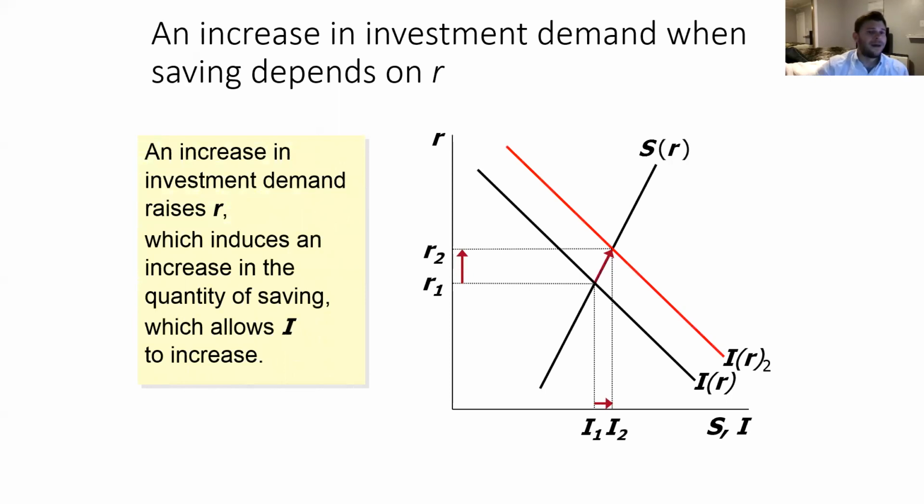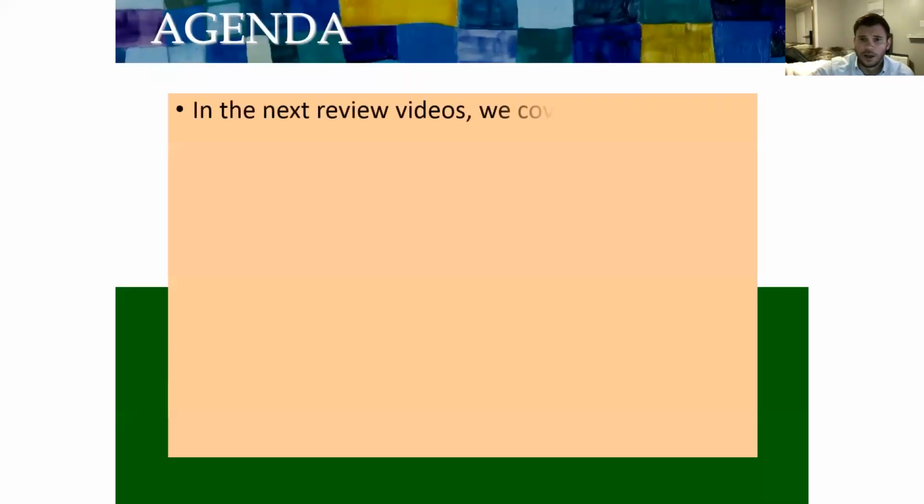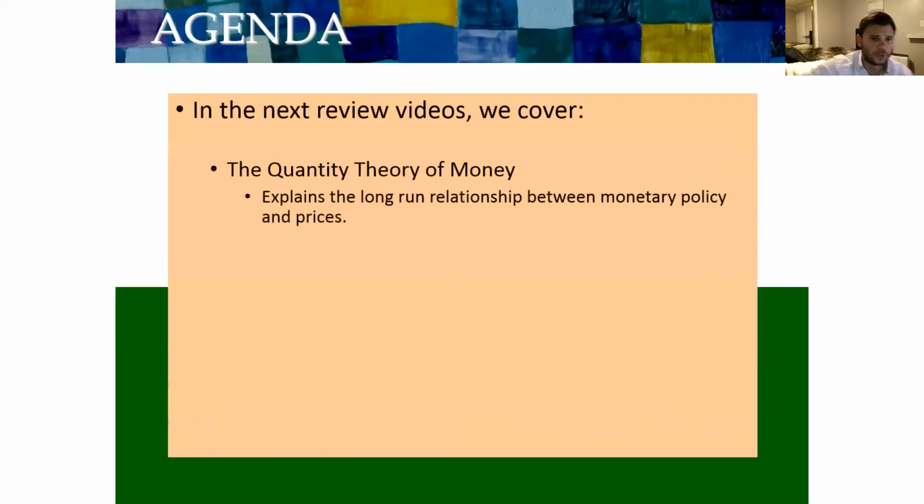So that about wraps up our preliminary analysis of the neoclassical model of loanable funds. And what we will discuss in the next set of video segments is a brief review of what is known as the quantity theory of money. This is how we will explain the long-run relationship between monetary policy and prices.